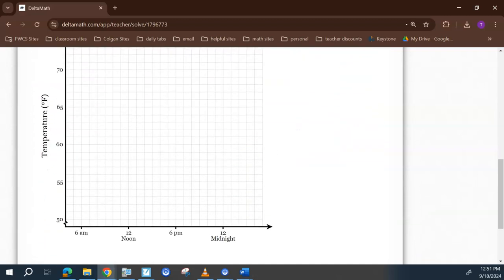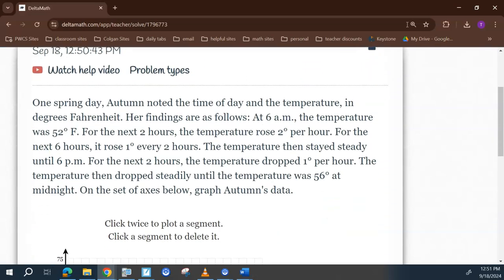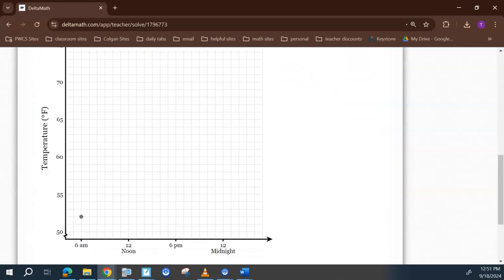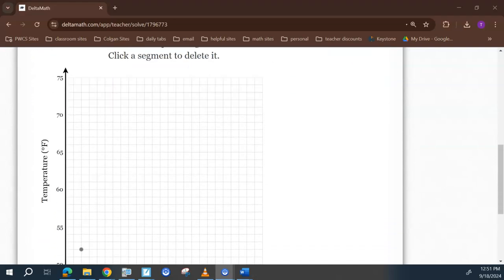So at 6 a.m., this is starting at 50. There's a break in there. So this would be at 52. And then for the next 2 hours, the temperature rose 2 degrees per hour. So I know this is only going to go for the next 2 hours. It rose 2 degrees per hour.